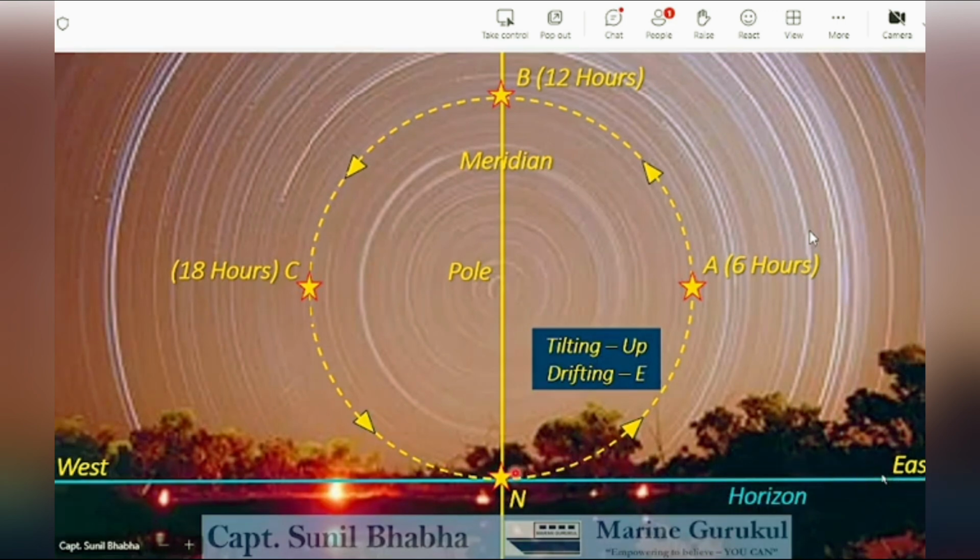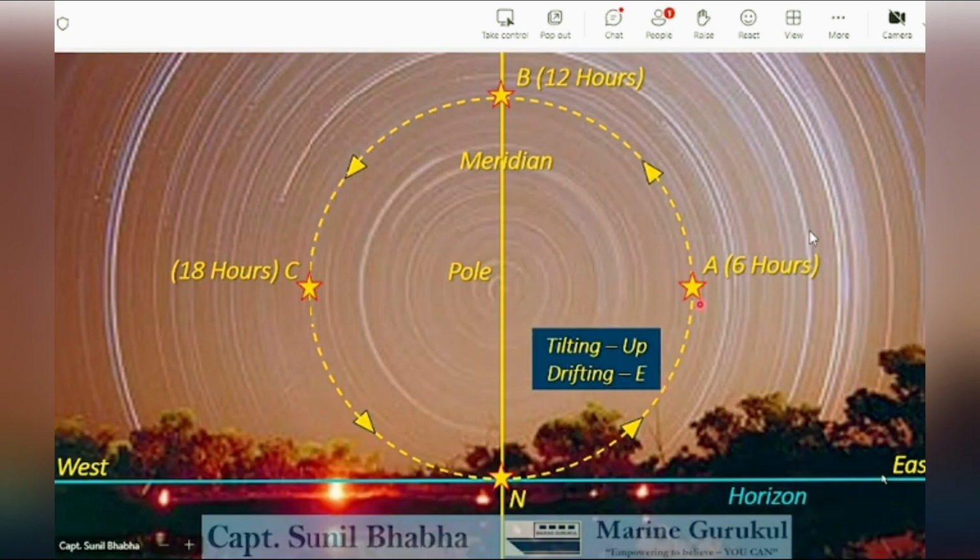Now the azimuth of the gyro star refers to the drift of the spin axis. So the spin axis will also be drifting in the same direction, that is the easterly direction. So from November to alpha, the spin axis will be tilting upwards, and it will be drifting in the easterly direction.